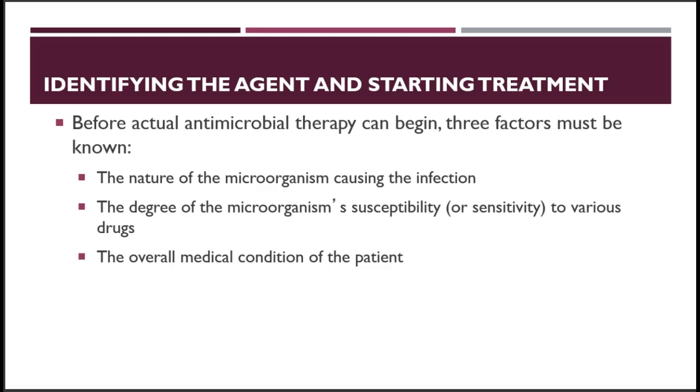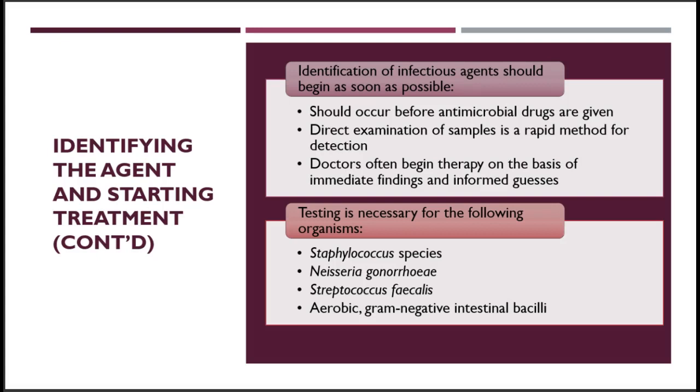We also want to know how sensitive or susceptible that organism that's causing the infection is to a variety of drugs that can be used against it. And then we also need to keep in mind and be aware of the overall condition of the patient that we are treating.